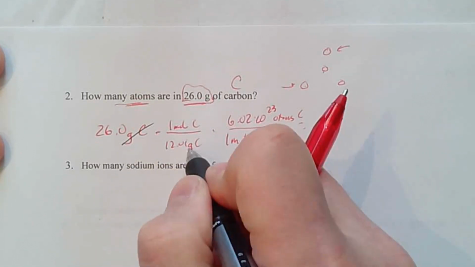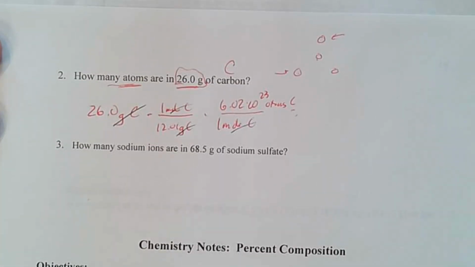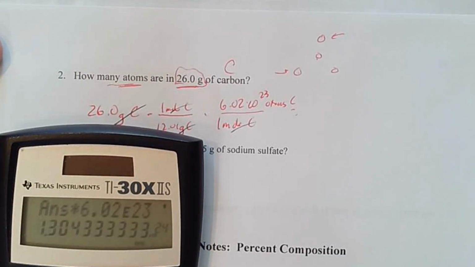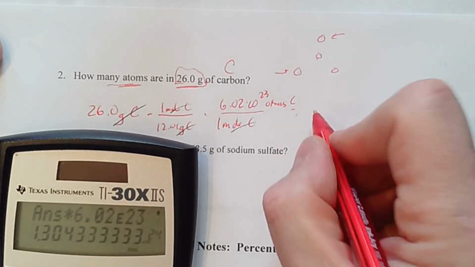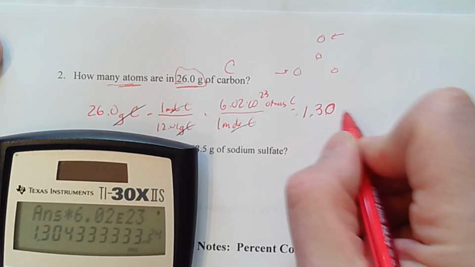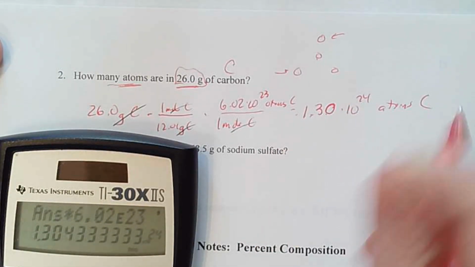Look at this, grams cancel, moles cancel, you're left with just atoms. 26 divided by 12 times the 6.02 times 10 to the 23rd, or roughly 1.30 times 10 to the 24th atoms carbon.